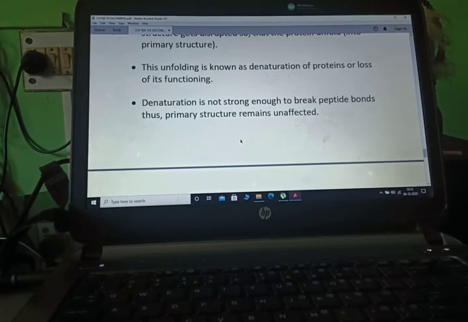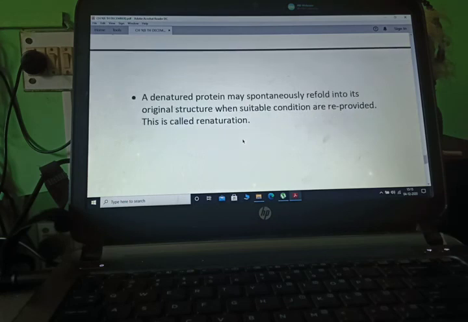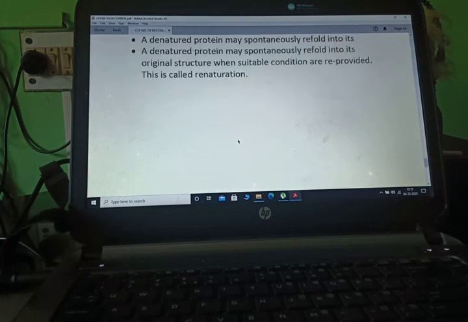Denaturation is not strong enough to break peptide bonds, thus primary structure remains unaffected. A denatured protein may spontaneously refold into its original structure when suitable conditions are re-provided. This is called renaturation. Today, whatever I have taught you, I am sending you its PDF.